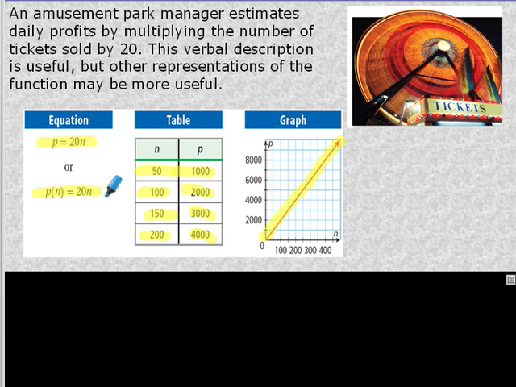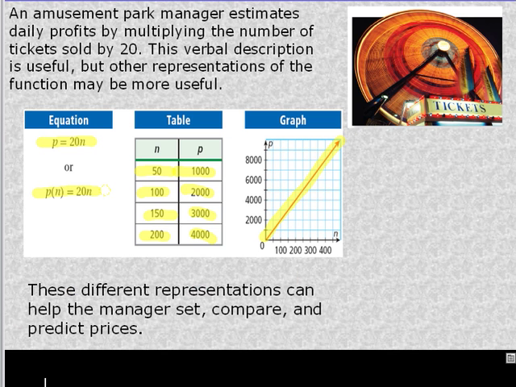All right, so these are all used out there in the real world for demonstrating various things, and they're used at different times depending on what you want to do. And as it says, these different representations can help the manager set, compare, and predict prices. So this graph kind of gives trends. This gives you all kinds of flexibility, and this gives you a very short, detailed picture of things.